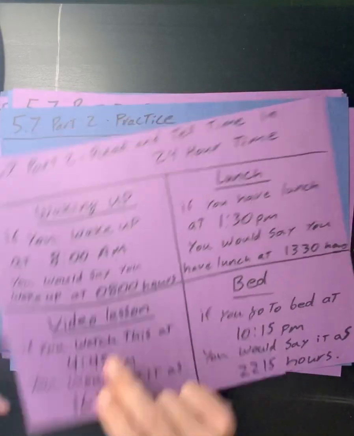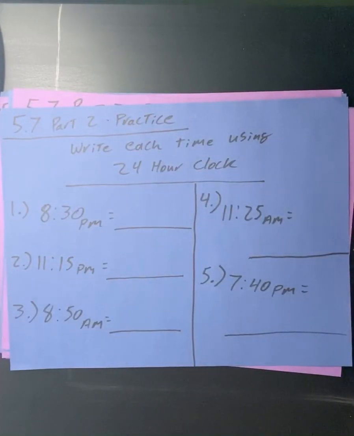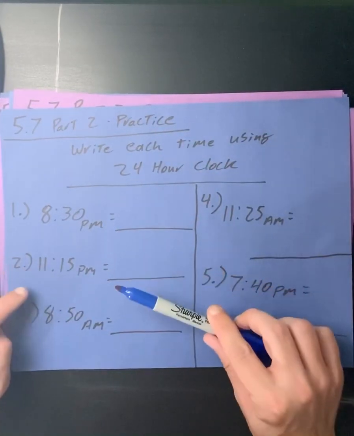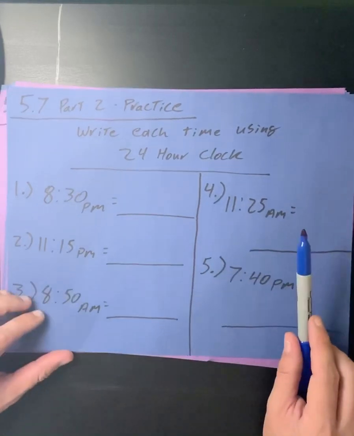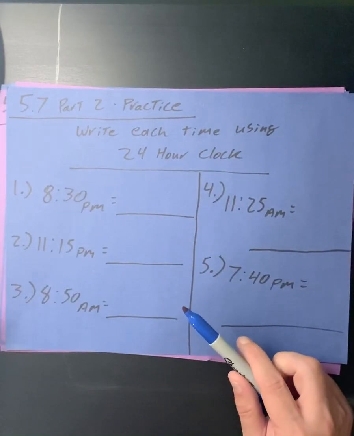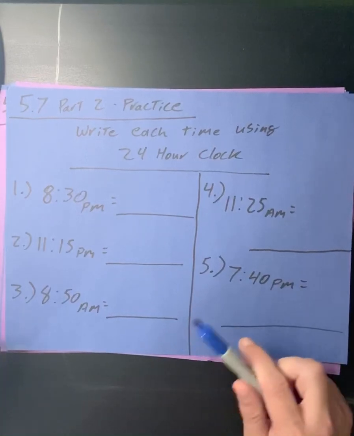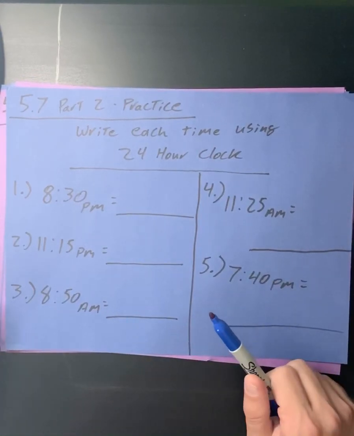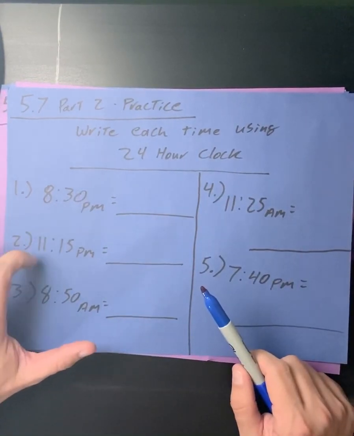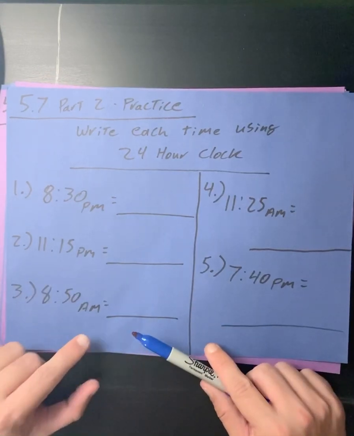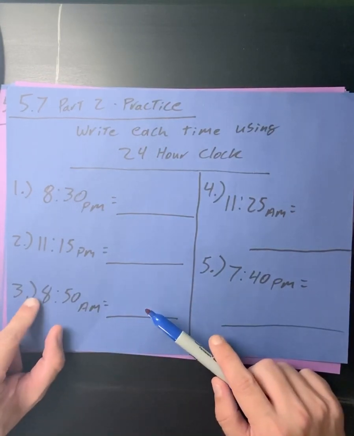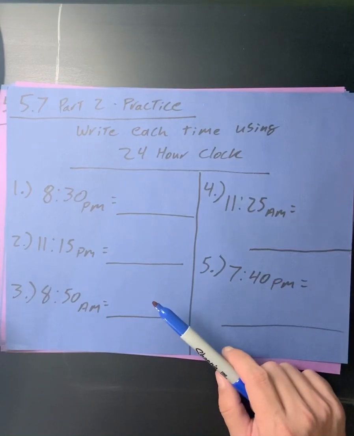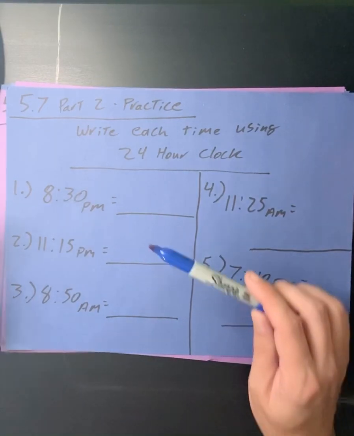So to put this in practice, we're converting our PM and AM times to 24-hour time. If it is PM in the afternoon, you add 12 to the hours you have here. If it is AM, you just put a 0 in front of the number. Okay?